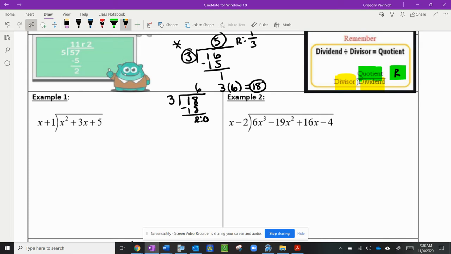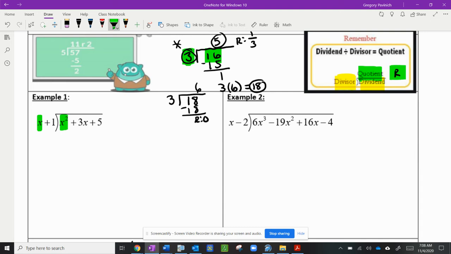So the first thing that you're going to do is look at your divisor, and look at the first term, the largest degree, and it is x. And then I'm going to look at the dividend, the polynomial underneath the division bar, and think about multiplication. Just like in my easy example, I said here's 3 and here's the number 16.